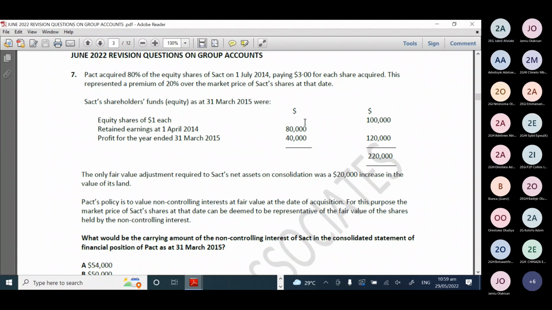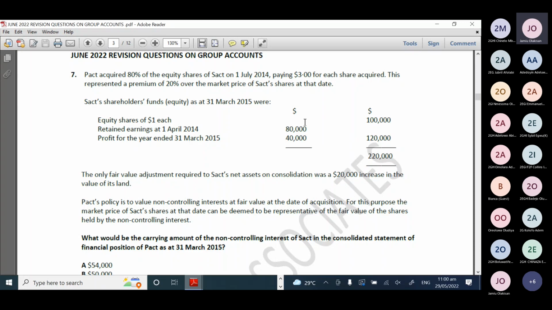Yes, tell me how much. $3. Is that what they mention as the market price? I think it's the premium of the 20% over the market price.